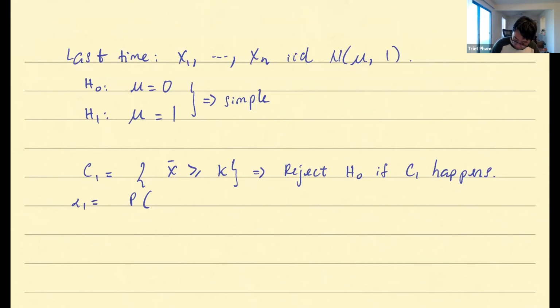So type 1 error, of course, happens when we reject, but the null is true. Type 2 error happens if the alternative is true, but we accept the null, if we do not reject.